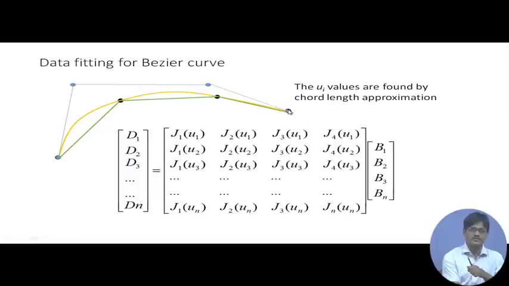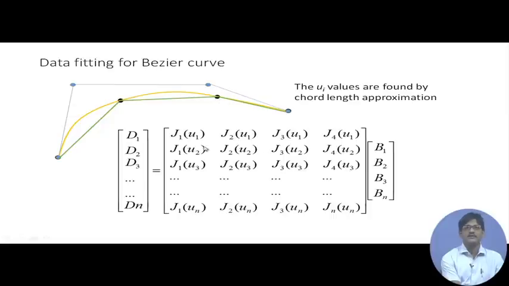They are provided to us, and I have to find the control points, which are not known to me. Of course, the first and the last data points are also control points, because in Bezier curves, the first and last points are shared between data and control points. So, we are faced with the problem of finding the control points, given only a number of data points through which the curve is supposed to pass.